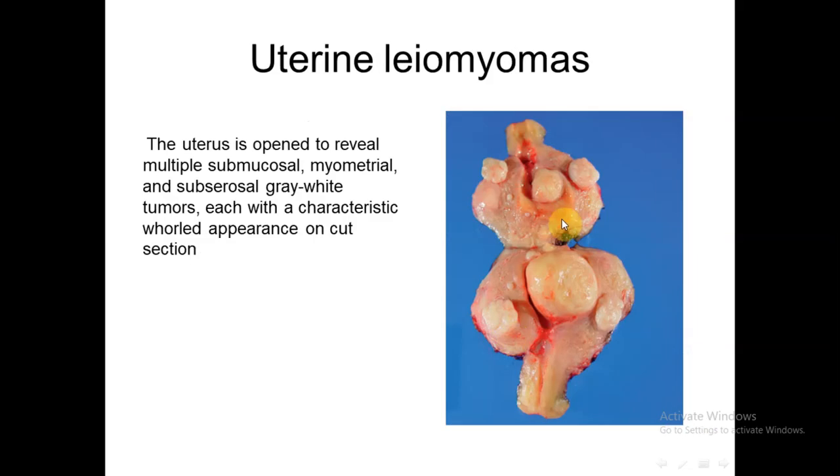Here, the most common benign tumor of the female reproductive system is leiomyoma. As we mentioned, leiomyoma originates from smooth muscles of the myometrium. Here are multiple leiomyomas of different sizes forming circumscribed nodules of gray-white color.